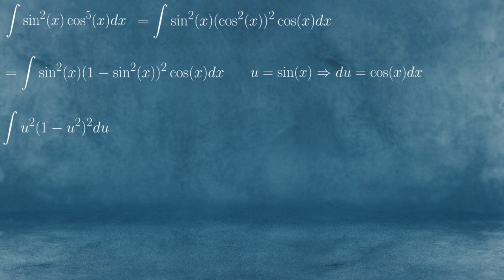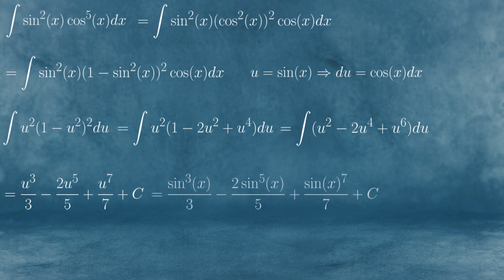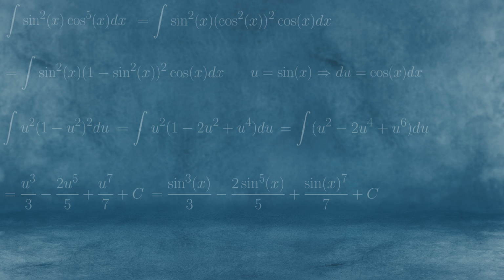And if we expand the expression in the square, we get the integral of u squared times 1 minus 2u squared plus u to the 4 du. And if we solve this integral, we have u to the third power divided by 3 minus 2u to the fifth power divided by 5 plus u to the 7th divided by 7 plus c.